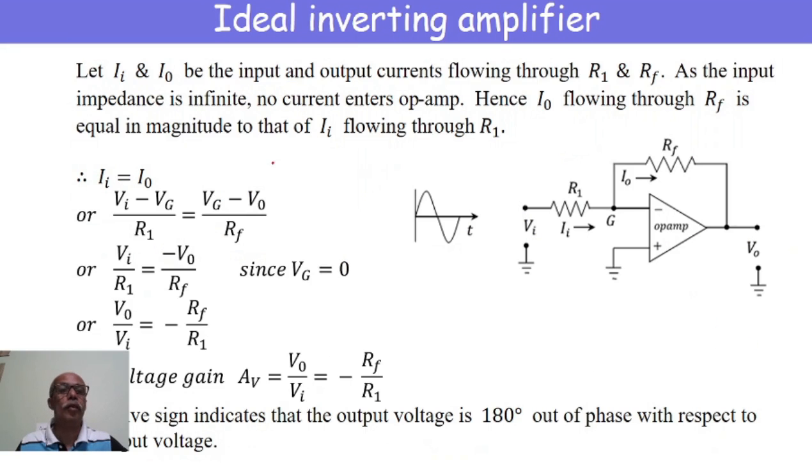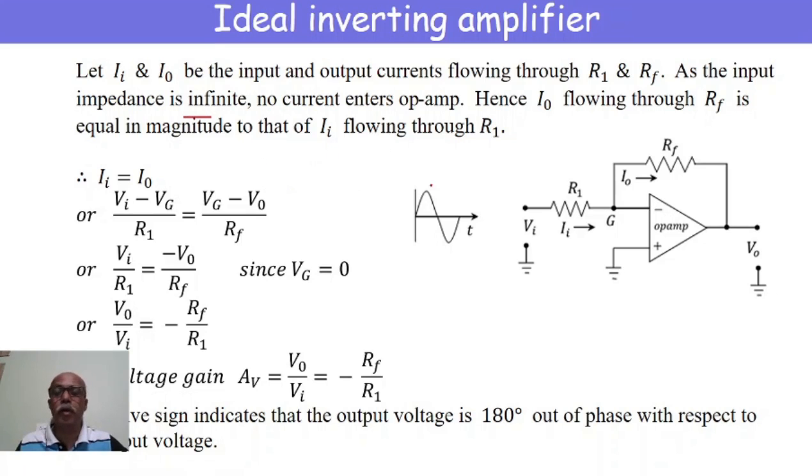Now, from the figure, it is clear that Ii represents the input current and Io represents the output current. R1 is the resistance at the inverting terminal through which the input current is flowing, and RF represents the feedback resistor. Now, the input impedance of an ideal op-amp is infinite, whereas the output impedance is very low.